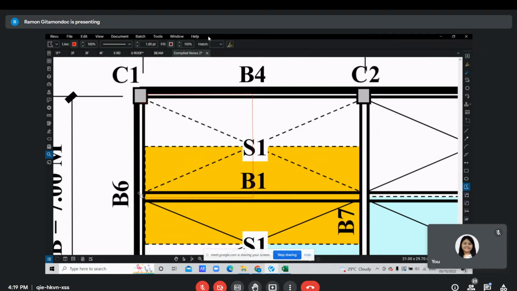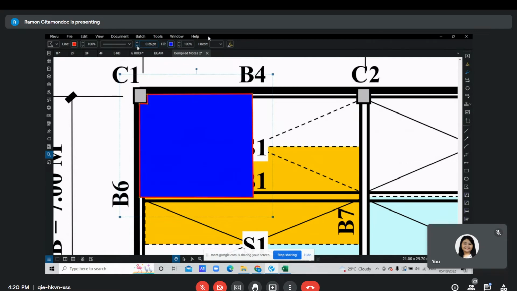So you have to subtract this portion here.